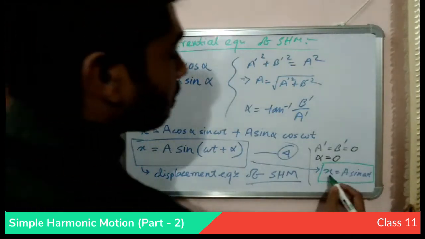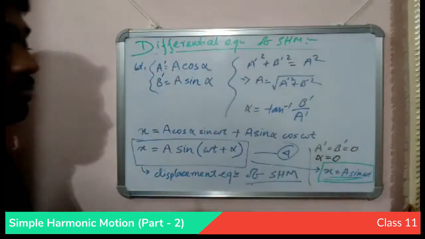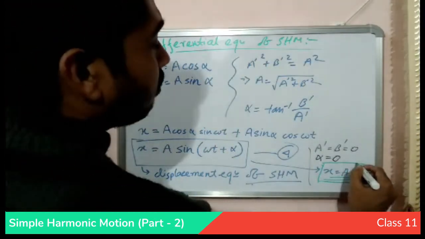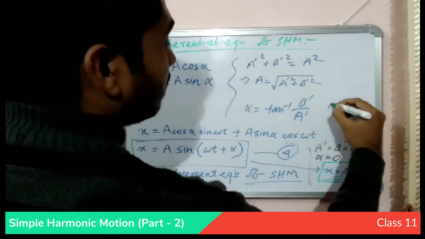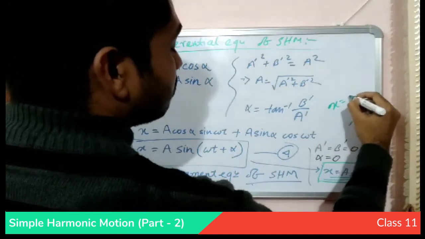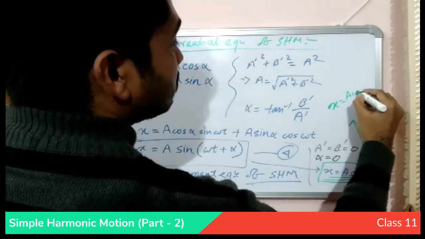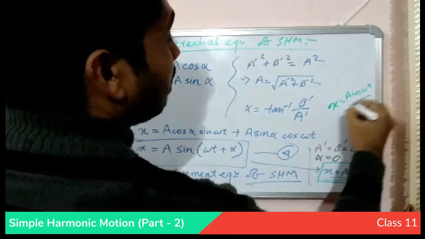You have to remember this equation, and this has another form, x is equal to a cos omega t. I will come to this later.